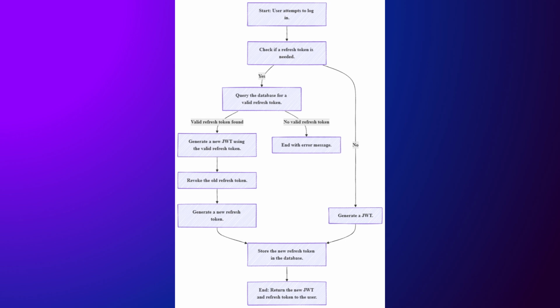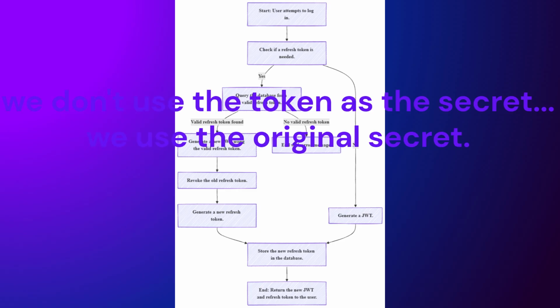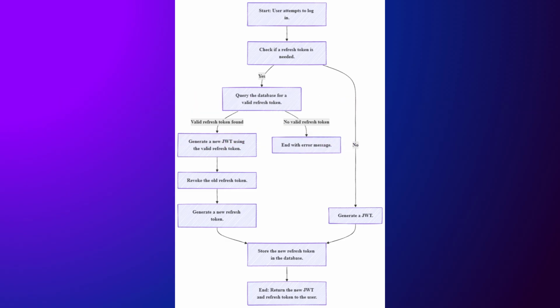If one does exist, then we use that refresh token as our secret to generate a new JWT, and then we revoke, remove, or invalidate the refresh token, and we generate a new refresh token to take over that one.